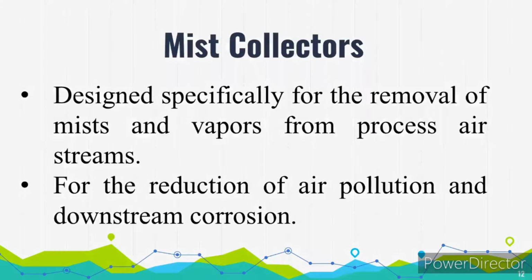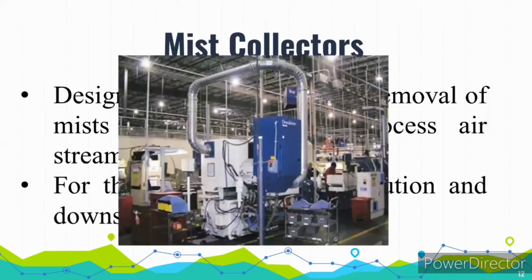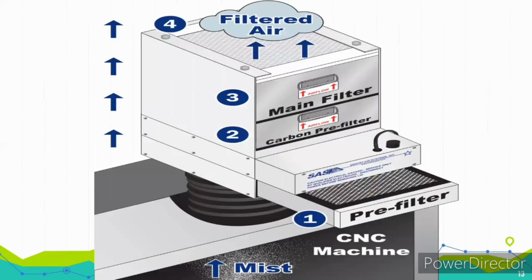Next is the mist collectors. Mist collectors are designed specifically for the removal of mists, vapors from processed air streams for the reduction of air pollution and downstream corrosion. This is an example of mist collectors. And this is how mist collectors work.